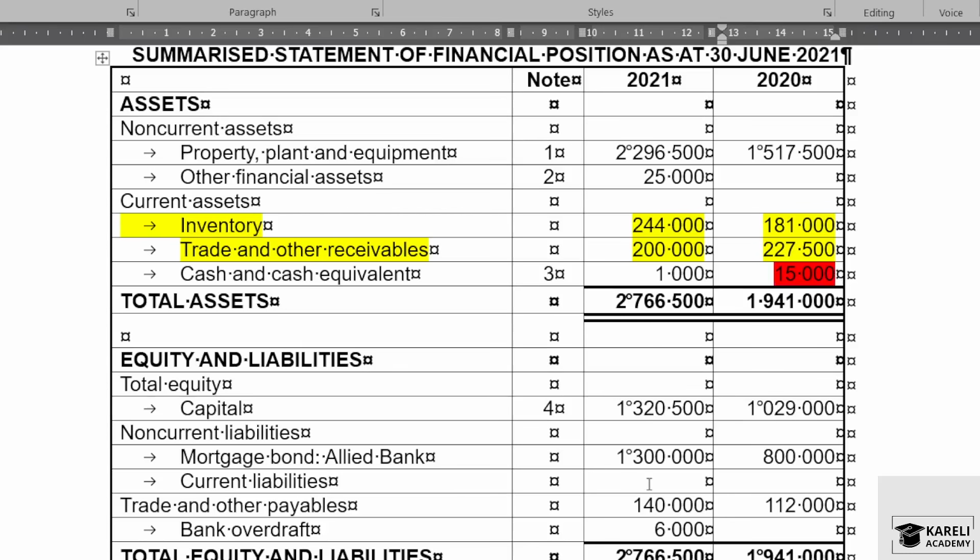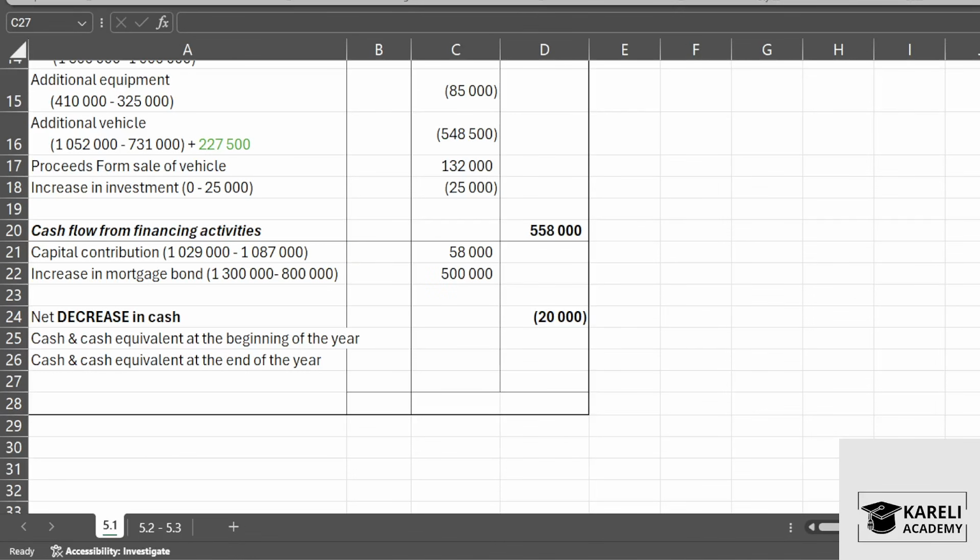Do we have a bank overdraft? We don't. Therefore, on our answer sheet, you will have your cash and cash equivalents as 15,000.